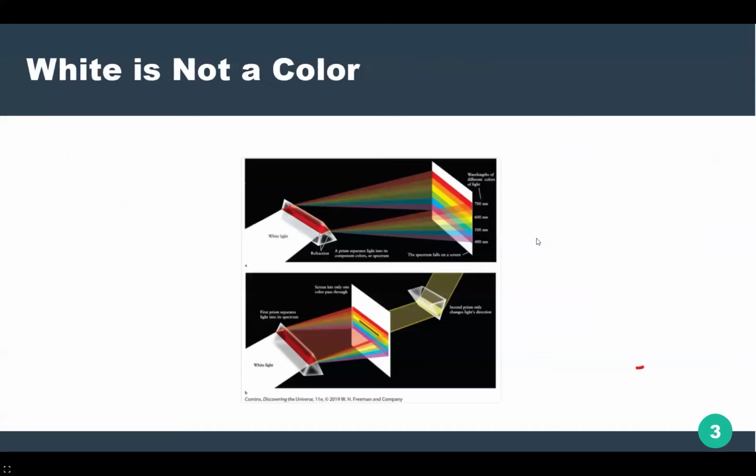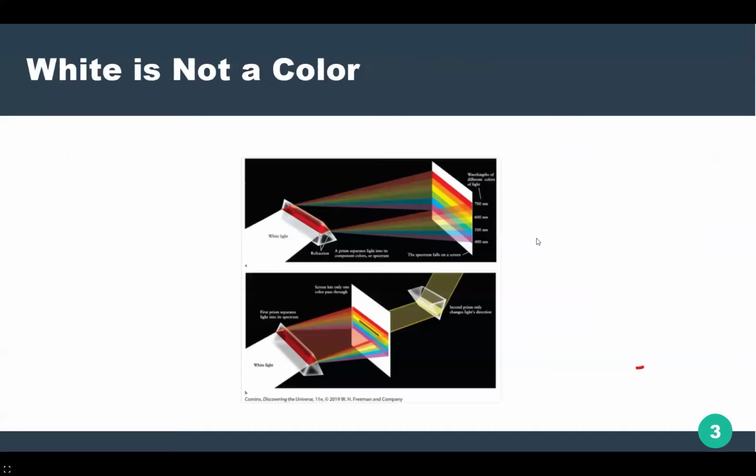However, if you place a hole in this screen and put another prism on the other side of the hole, then instead of taking the white light and becoming white again, as would happen if you passed white light through a prism and then through another prism without that slit, it will only let through the color of light that passes through that slit.